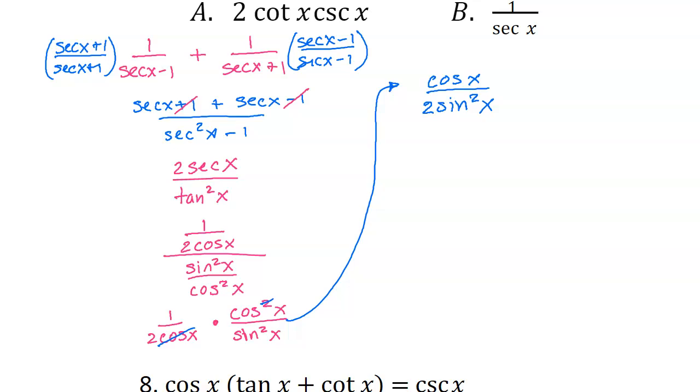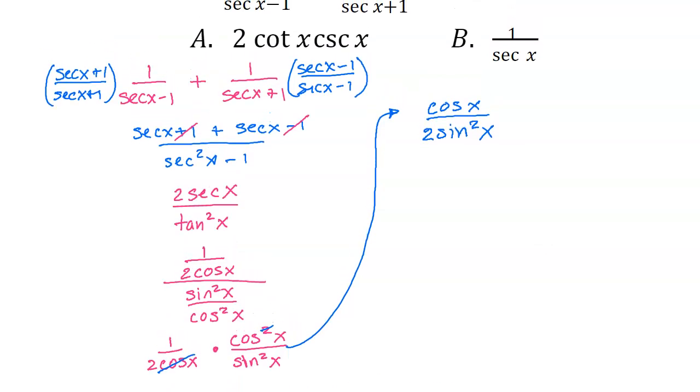Now, this part is a little bit tricky. I'm just going to tell you, I'm trying to get to one of these, right? I know that sine squared of x is actually 2 sines multiplied together.